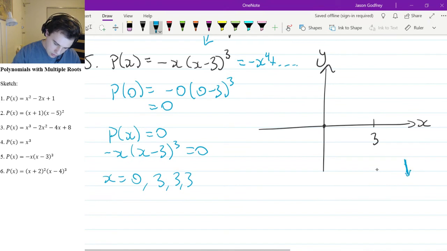So it's going to come up, curl around, skim through the point, and then curl around and keep going up. So that's like an x cubed graph, and then it's going to have another turning point, and then come back through that point there and there.